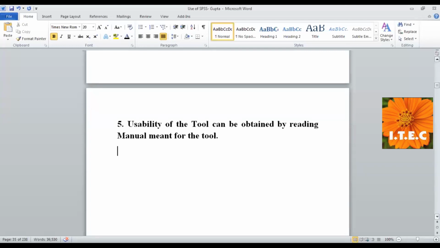Any question you want to ask, then I am going to the difference between measurement and assessment. Any question you want to ask?